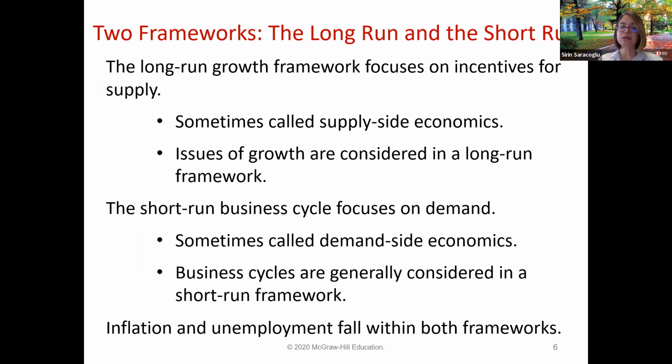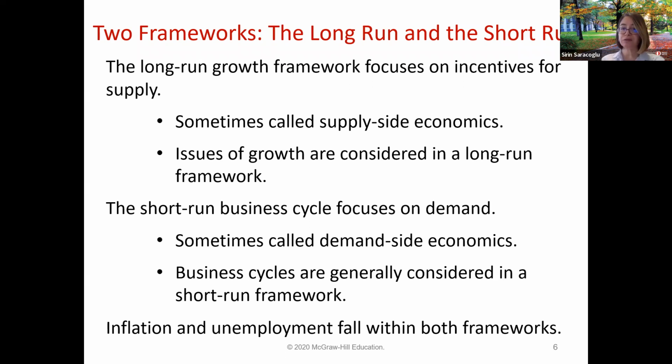Now, inflation, which again we are going to talk about in the next chapter, which is the sustained rise in the prices over time, and unemployment, people wanting to work, not finding work, fall within both frameworks.